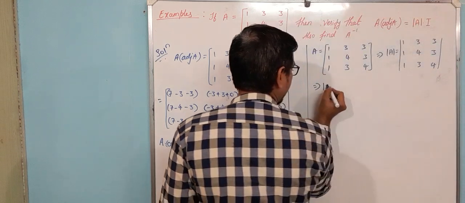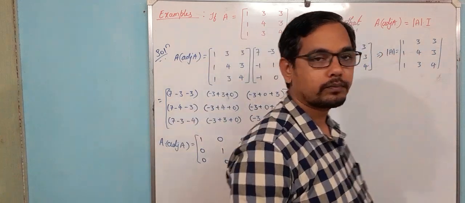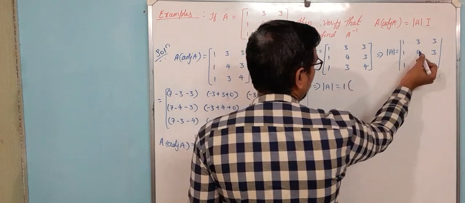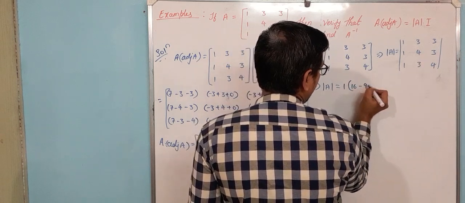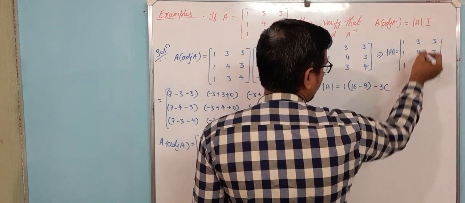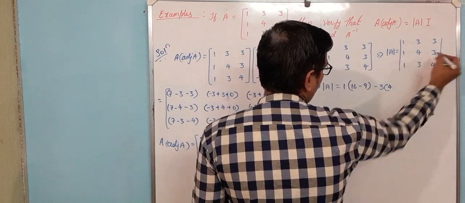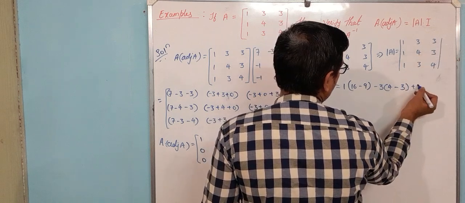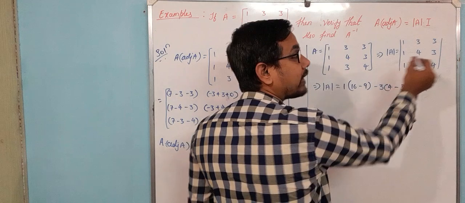So I can write determinant A as equal to, solving it through the first row: 1 into 4 into 4 is 16, minus 3 into 3 is 9, minus 3. Leaving this row and this column, what is left? 1 3, 1 4. So 1 into 4 is 4, minus 1 into 3 is 3. Now plus 3 into, leaving this row and this column, what is left? 1 4, 1 3.